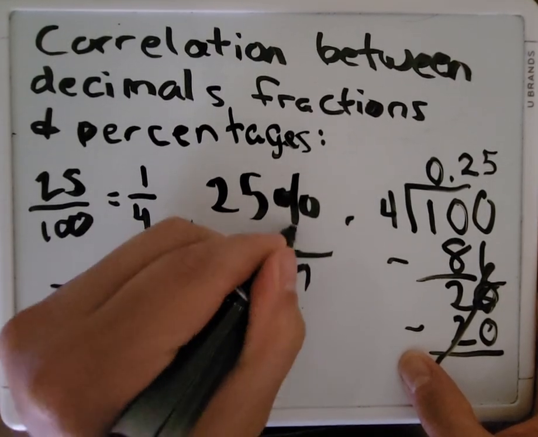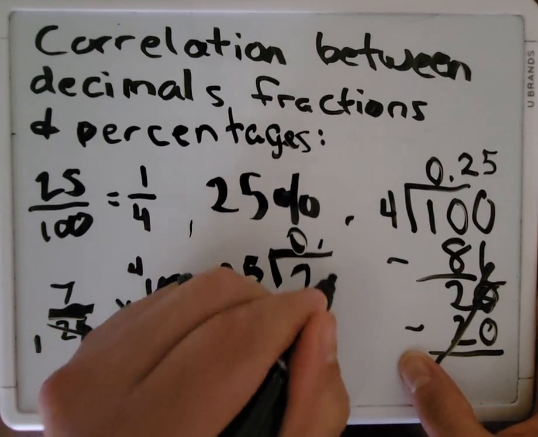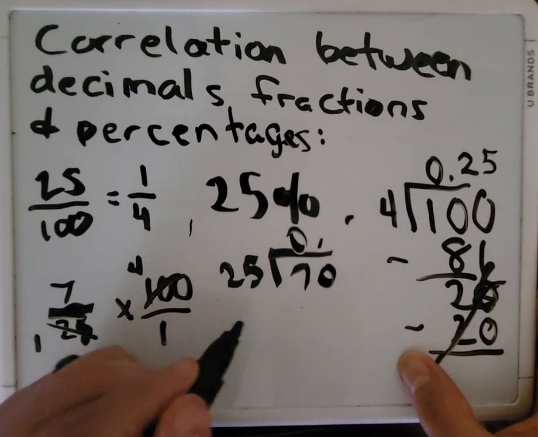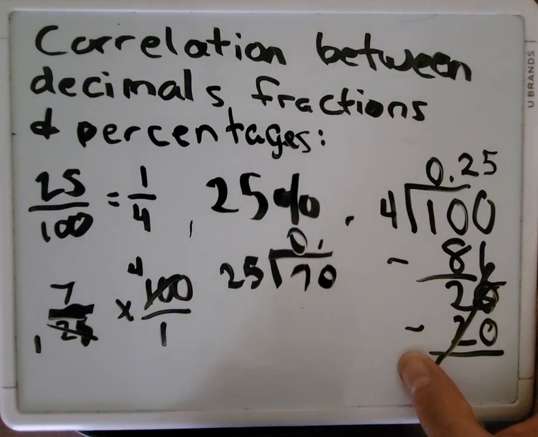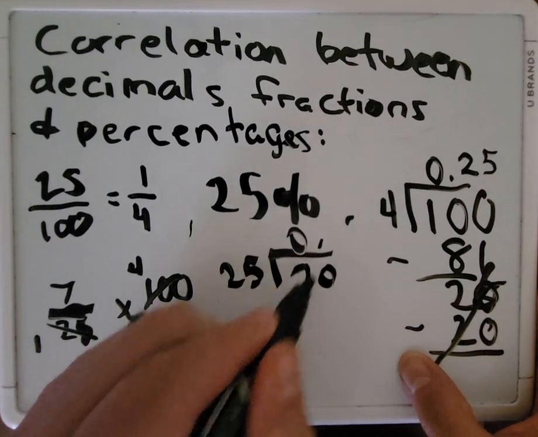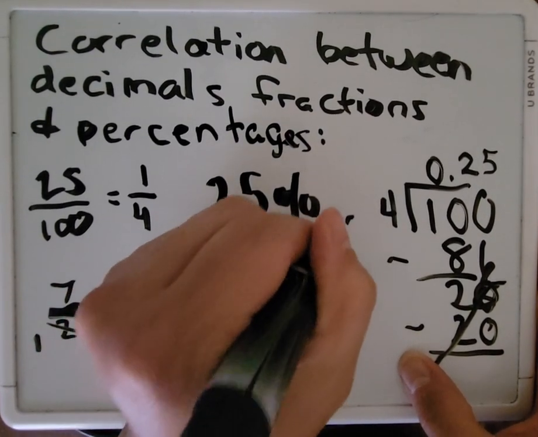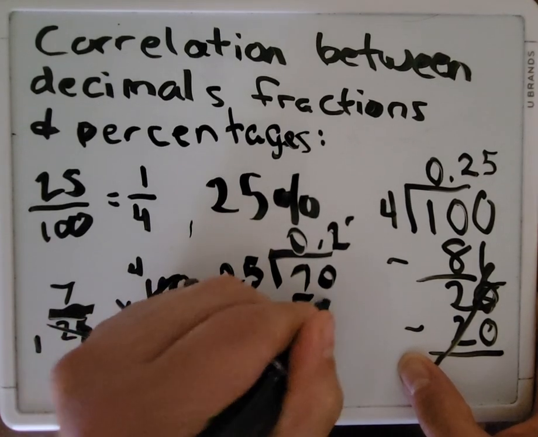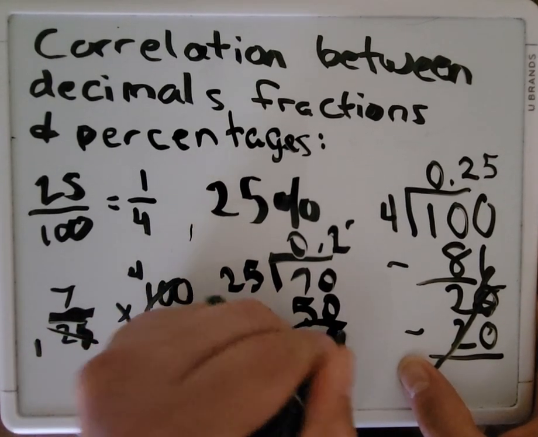Well, we know it can't go into there. Put the decimal so that we can make the zeros. 25 going into 70, we know that that's going to end up equaling 2. Going to create 50. Leaves you with 20.